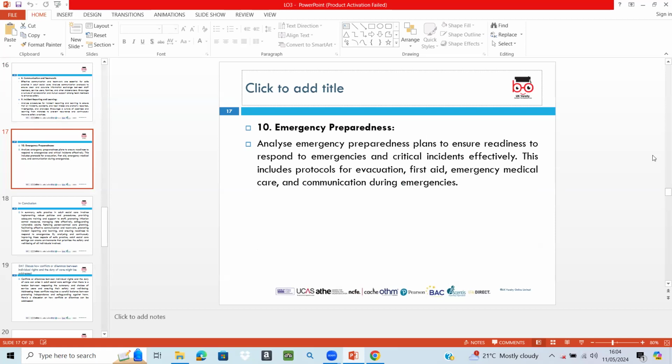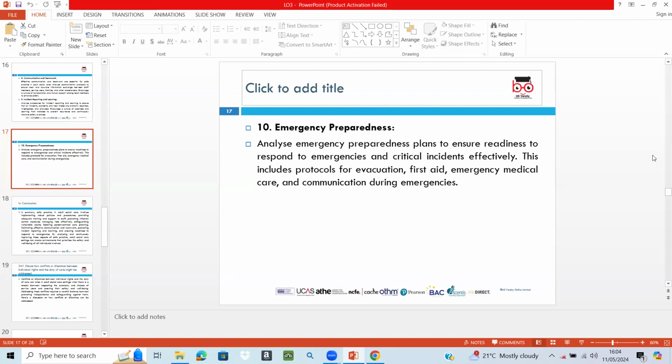So we have emergency preparedness, right? In emergency preparedness, what we do is evaluate the emergency preparedness plan. It involves assessing the protocols and procedures in place to respond effectively to emergencies and critical incidents within the adult social care setting.